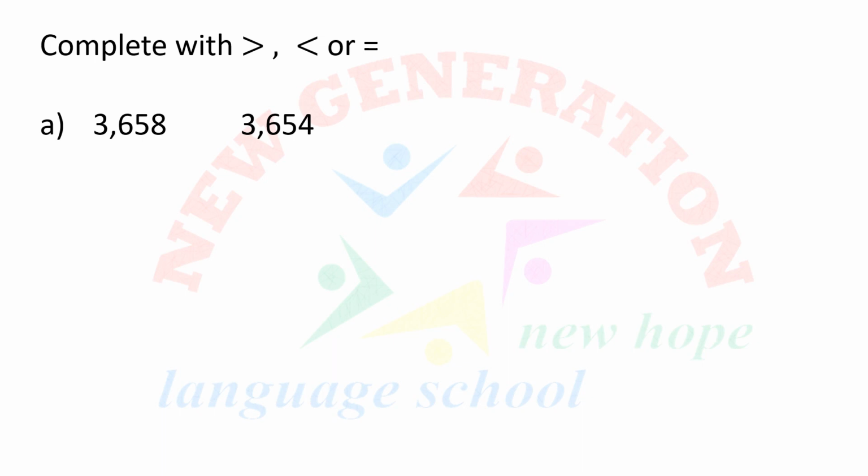First, they have the same number of digits, so I start from the biggest place value on the left. 3 equals 3, and 6 equals 6. 5 equals 5, but 8 is greater than 4, so the number 3658 is greater than 3654.